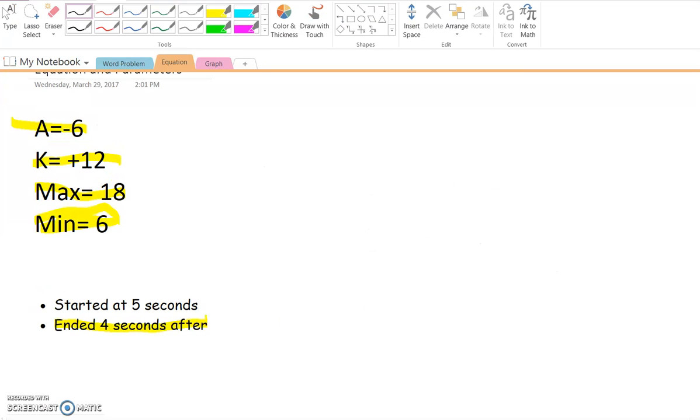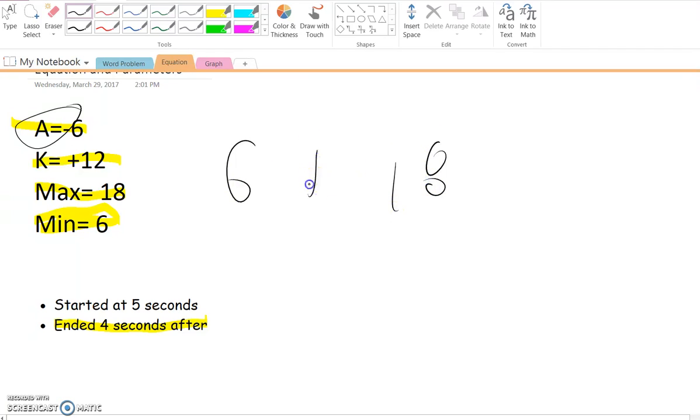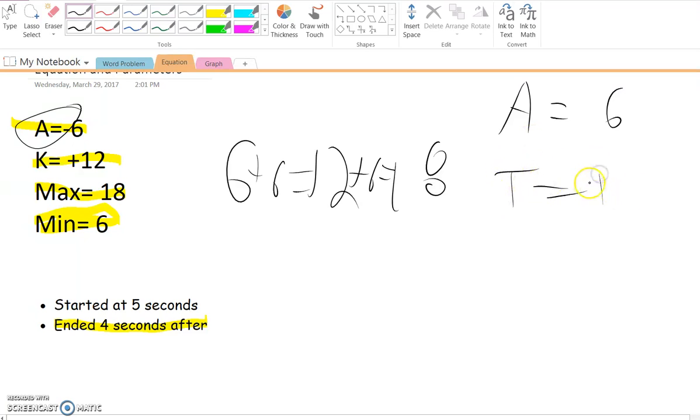Now for the final part of the equation, we need to find a. The way we find a is we use the minimum, the maximum, and the midpoint. The way you get to the midpoint is the minimum plus 6 to equal 12. And the way you get to the maximum is 12 plus 6, which equals 18. So we know that a has to be 6. But it's going to be negative 6 because we're going to start at t equals 1, and at that point it's at the lowest point, which is 6.